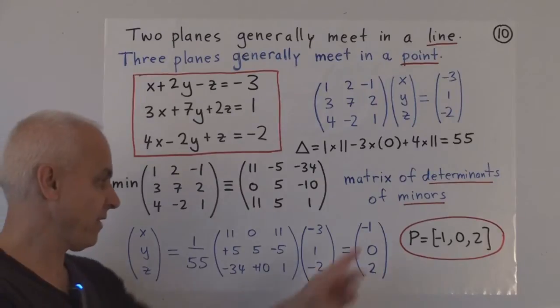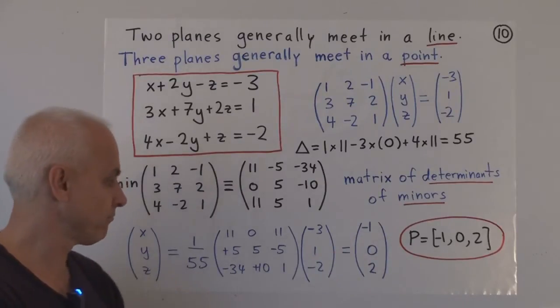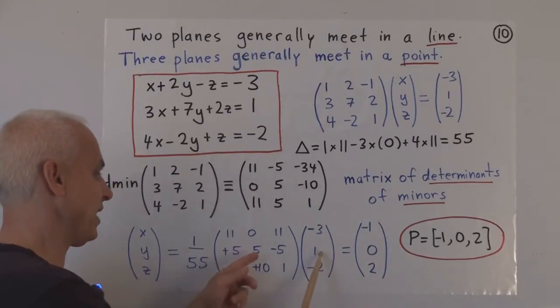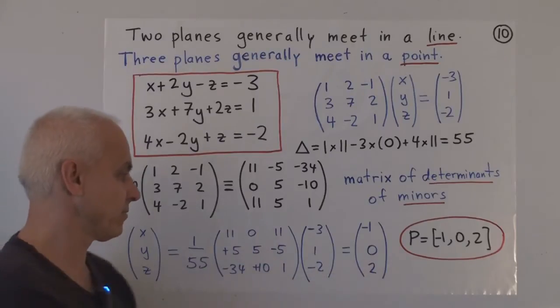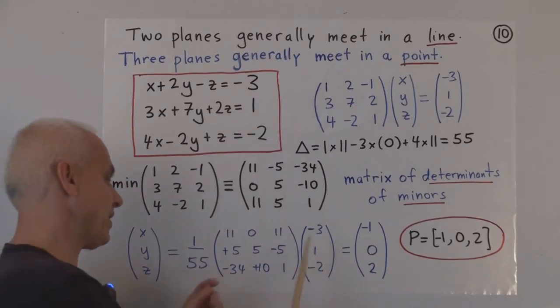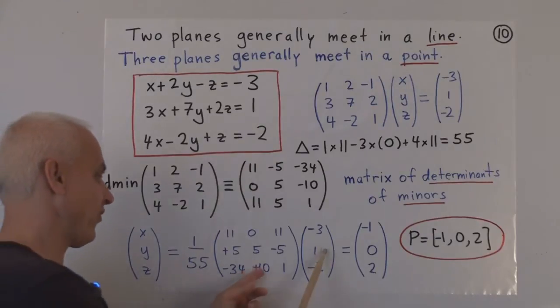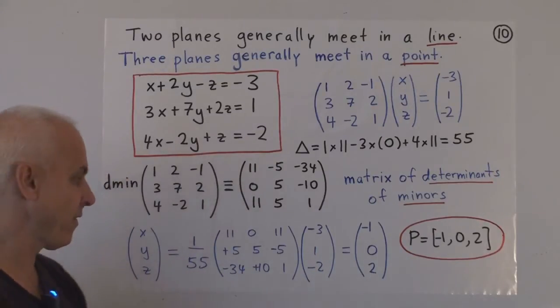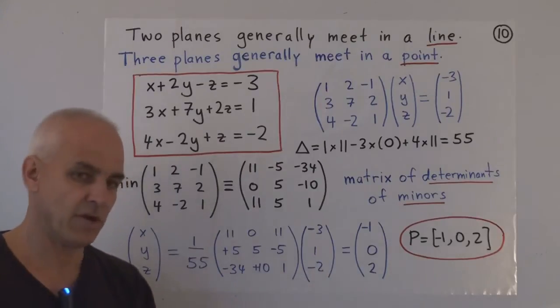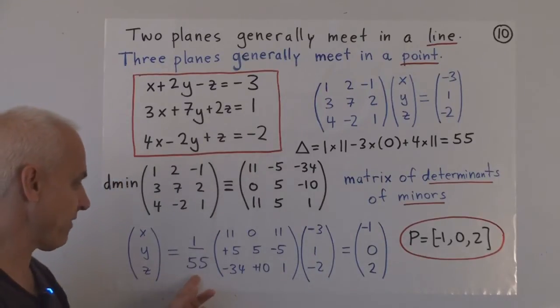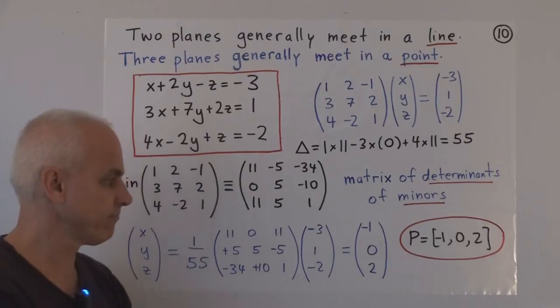Divided by 55 is minus 1. And over here, minus 15 plus 5 plus 10, that's 0. And over here, 3 times 34, that's 102. Plus 10, that's 112. Minus 2 is 110. When we divide it by 55, we get 2.